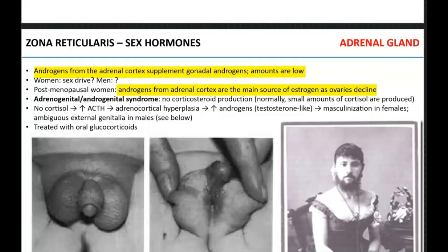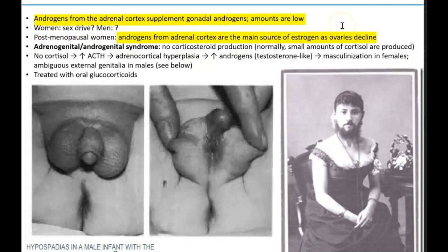A very interesting syndrome that is associated with this part of the adrenal cortex is called adrenogenital syndrome. So complete lack of corticosteroids.